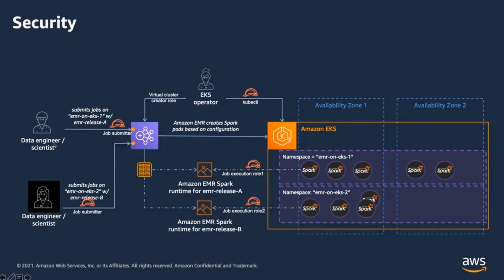Here you have a data engineer who uses an IAM role to invoke the API. We call it the job submitter IAM role. Then when the Spark driver and executor pods run on the EKS cluster, they use the job execution role to talk to other AWS services.